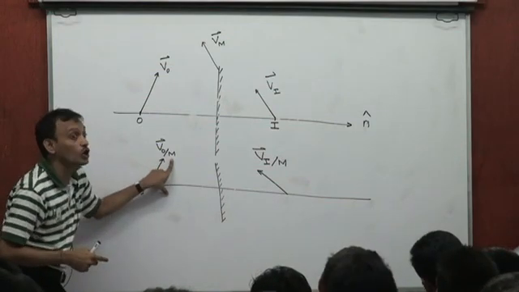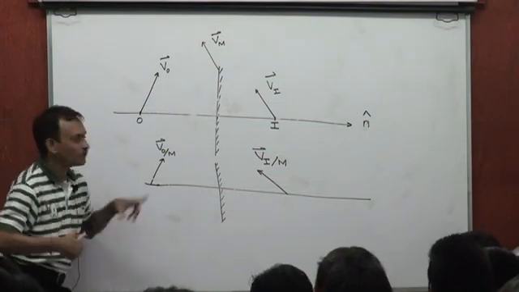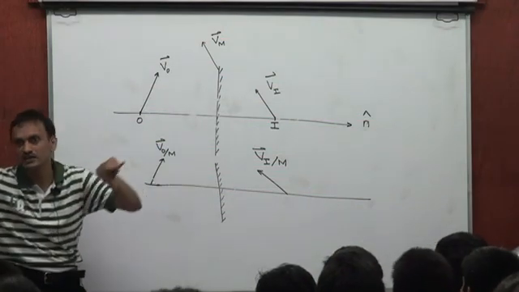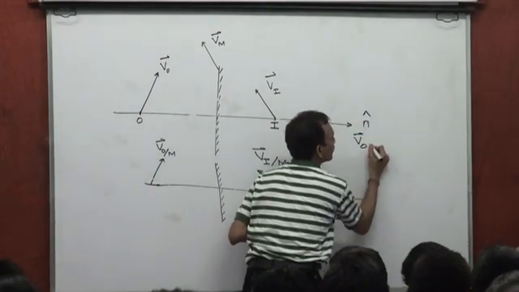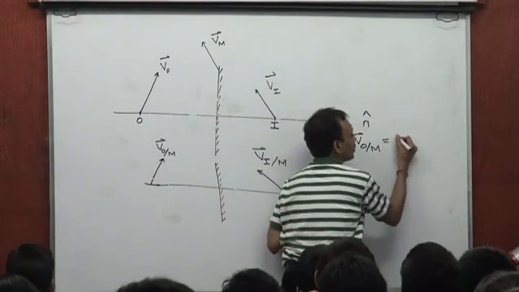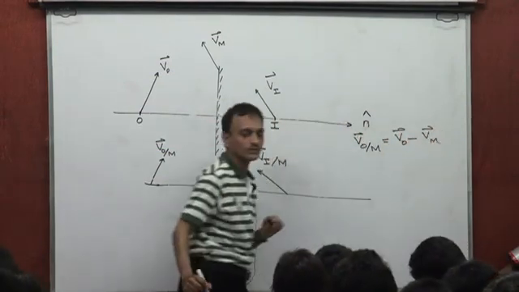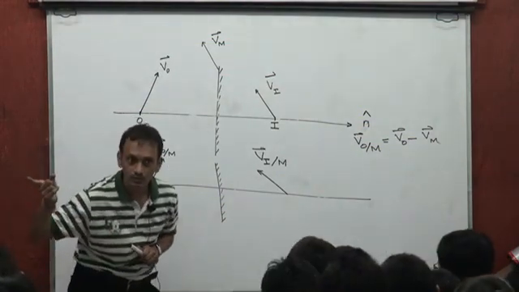But what's the velocity of the object with respect to the mirror? It is the velocity of the object minus the velocity of the mirror, v naught minus vm. That's the relative velocity of the object with respect to the mirror, right?